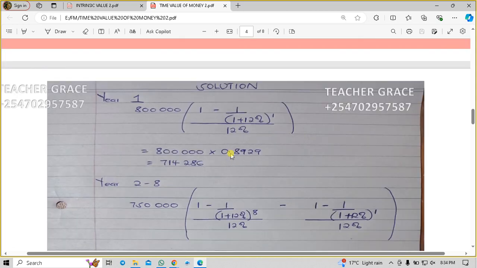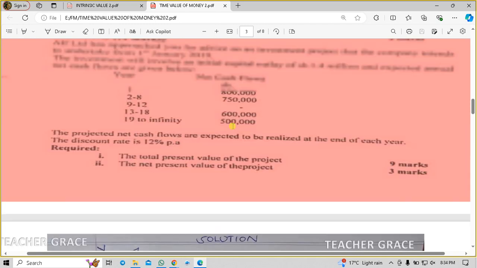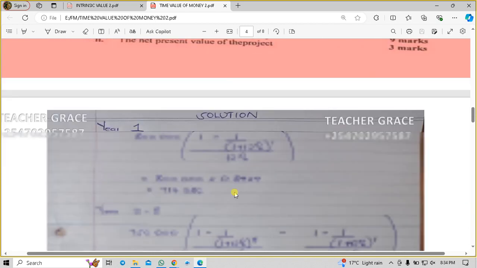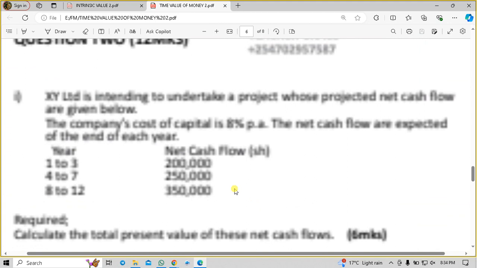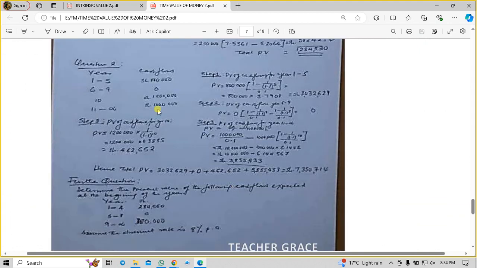But now when it comes to 1 year, kama hapa, because here we have been given the net cash flow for 1 year. Mwaka tu moja. So for 1 year, that is when we will apply this concept. So itakuwa 1.2 times 1 over 1 plus 10% to power 10.